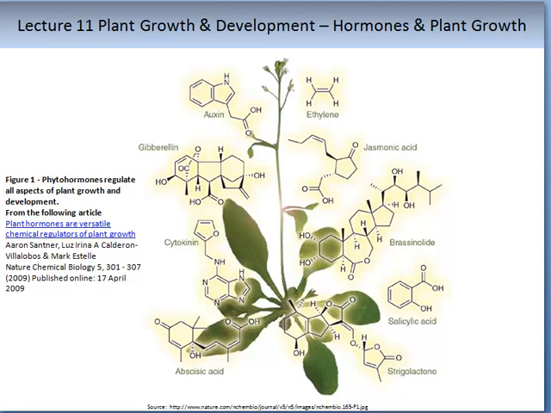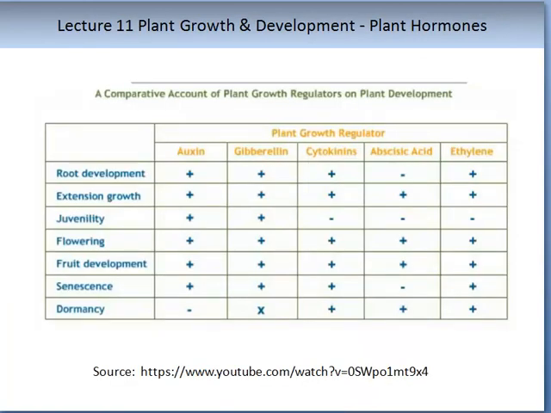As you can see, auxins, gibberellins, ethylene, jasmonic acid, brassinosteroids, salicylic acid, strigolactones and abscisic acid and cytokinins are all involved in growth and development. The table on the slide is a comparative account of plant growth regulators on plant development. In the left-hand column, you will see listed the stages of growth and development, from root development through to dormancy.